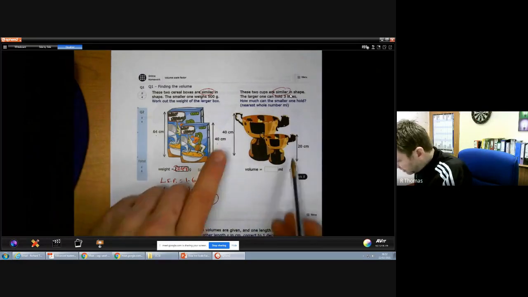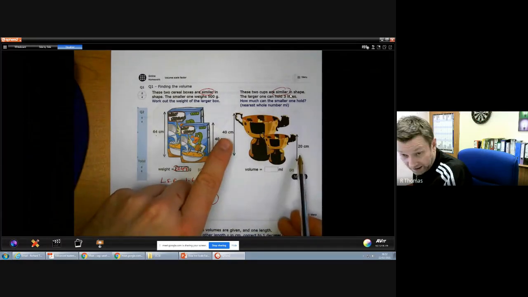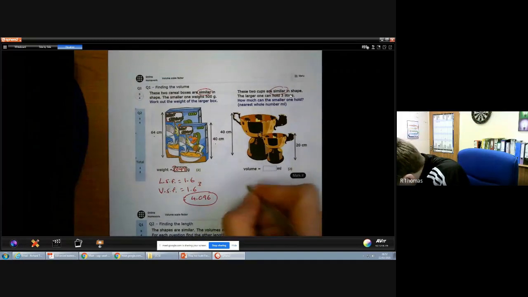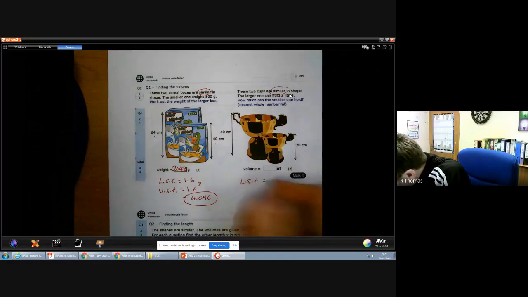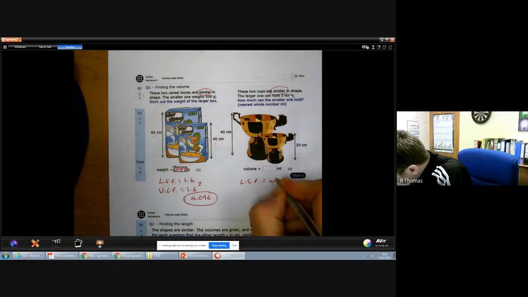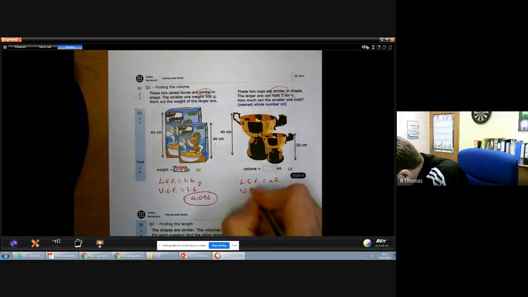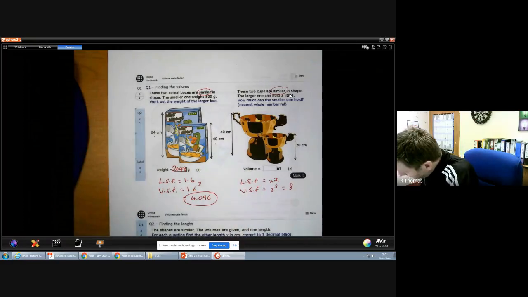So here's our 2 linear dimensions, 40 and 20. That's easy, right? So we know that the linear scale factor is times by 2. So the volume scale factor will be 2 cubed, which is 8. Okay?